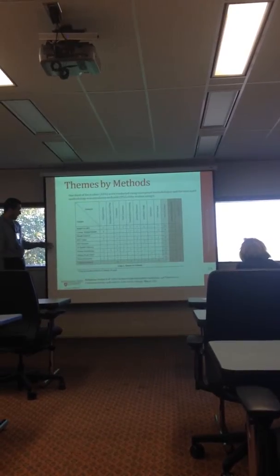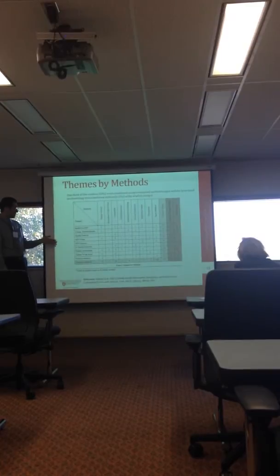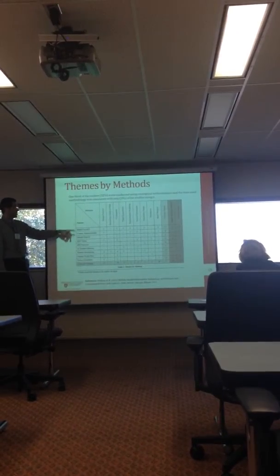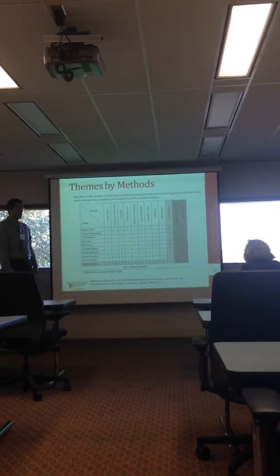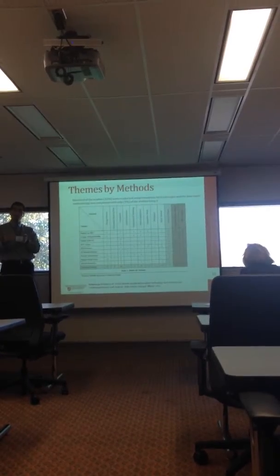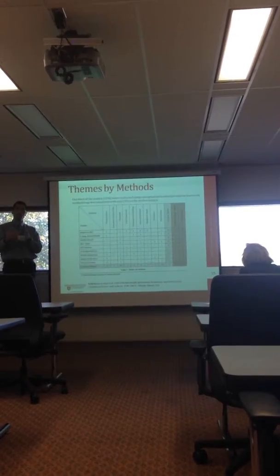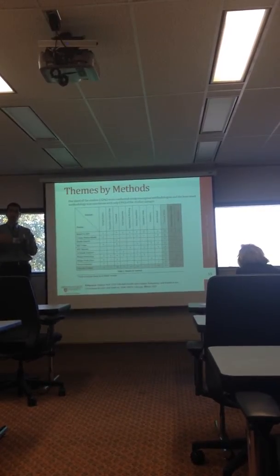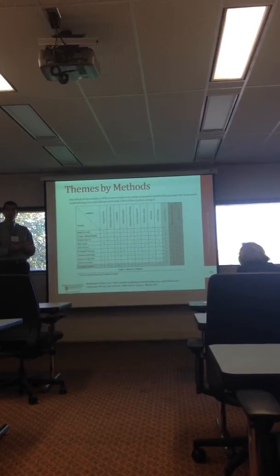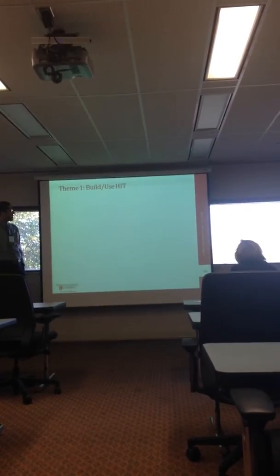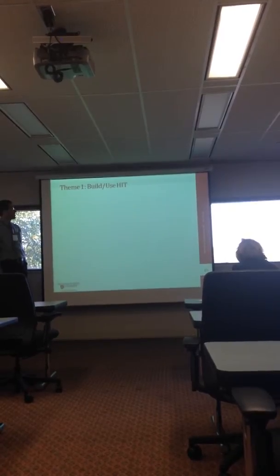For example, the columns are the methods and these are the themes. For qualitative study, researchers should probably use it more, because they can interview patients to get a sense of what concerns and needs they have regarding the privacy and security of their data going mobile. It gives a scope of the methods in the themes.